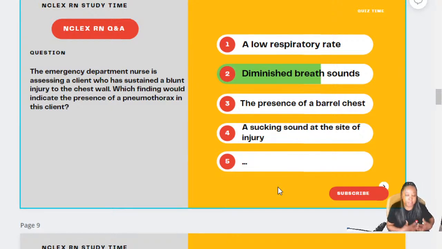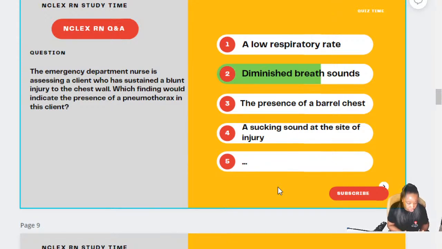If you have pneumothorax, you have diminished breath sound because of the air that is accumulating in the lung cavity. There's pressure in the lung, so the lung will not be able to open properly. You see what I mean? If the lung cannot open properly, when the patient takes a breath, it's not going to take enough. It's going to be diminished. And when the patient tries to exhale, he's not going to do it like a normal person who has no pneumothorax.